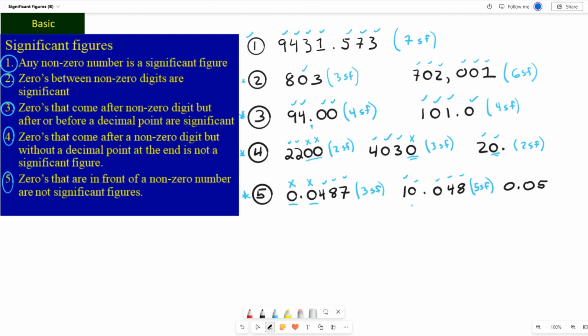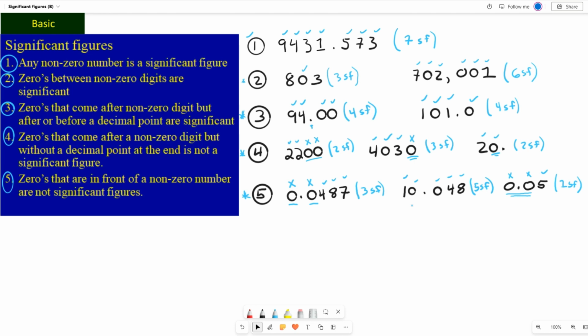And for the last one, we have 0.05. The 5 is significant, and these zeros are at the front of a decimal number, so they're not considered significant. So this number has one significant figure.